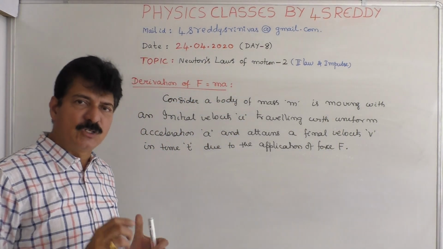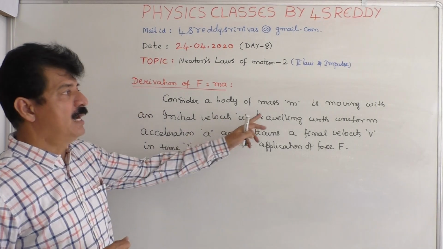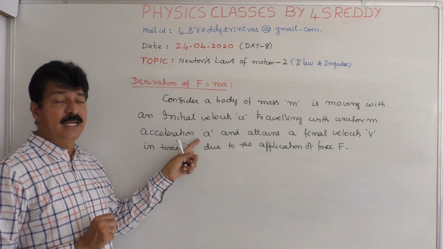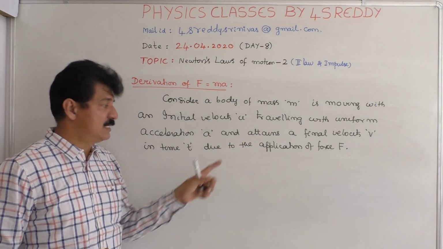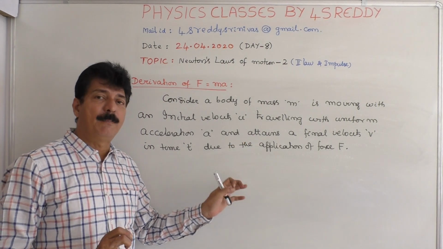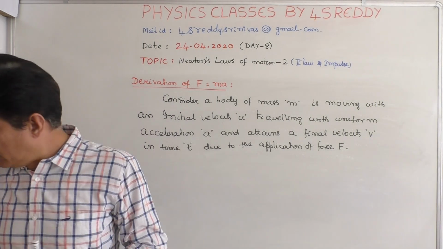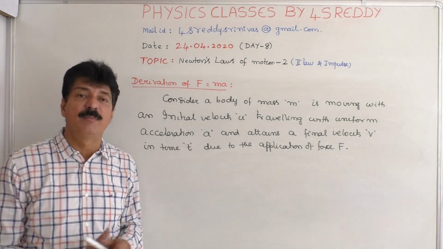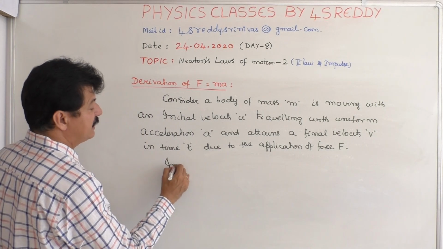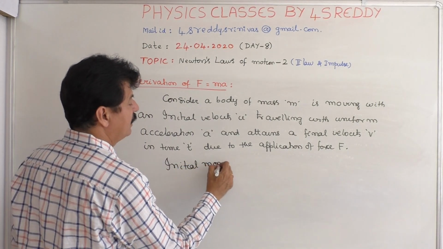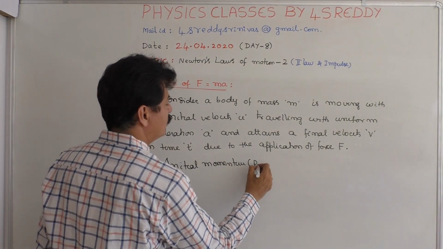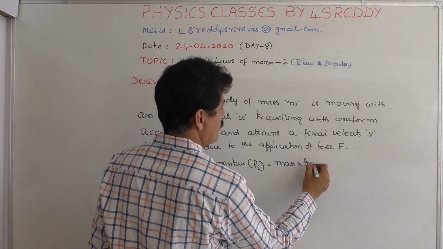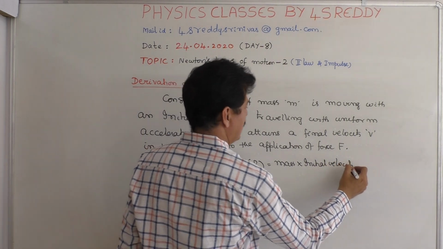To arrive at the expression F equals ma, we assume a body of mass m moving with initial velocity u, with uniform acceleration a, gaining a final velocity v in time t due to force F. The initial momentum Pi equals mass into initial velocity, that is mu.